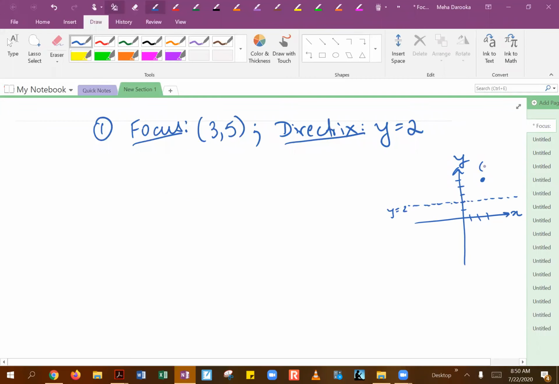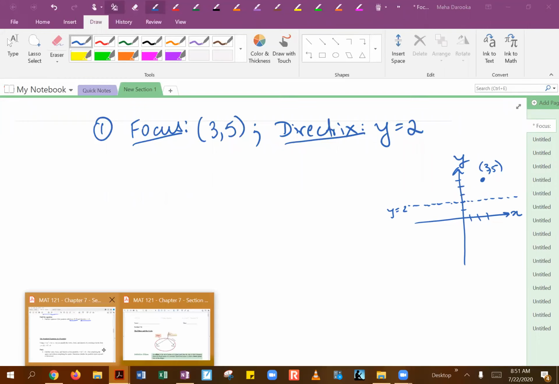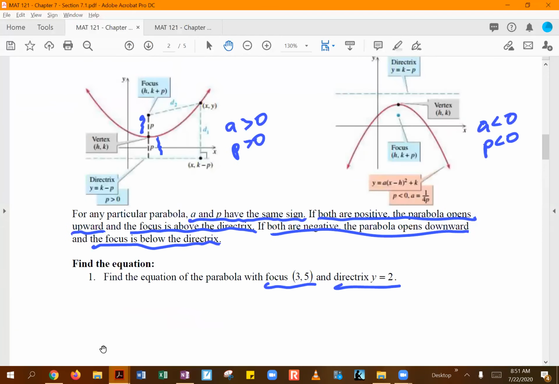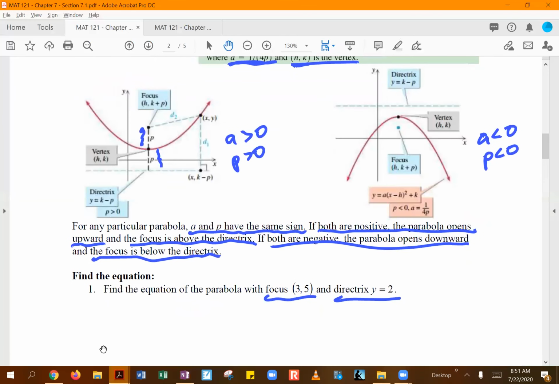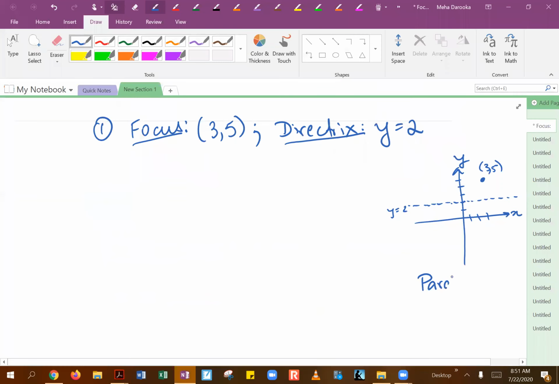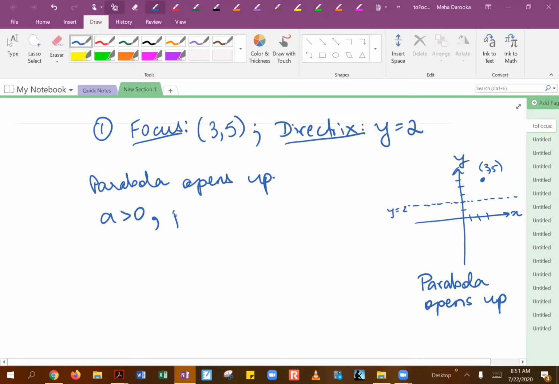As you can see, my focus is above the directrix. And remember, this only happens when your parabola is opening up. So that tells us a bunch of stuff. Our parabola opens up. Since it opens up, that tells us our a value has to be positive, which also tells us our p value has to be positive.